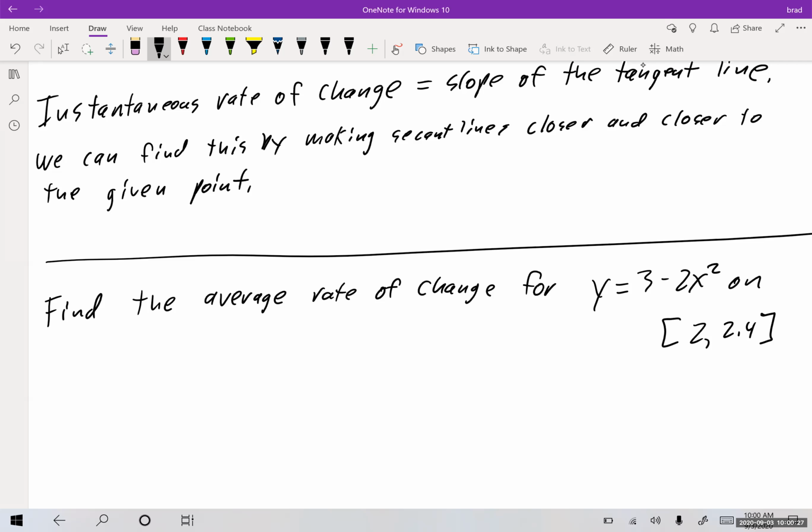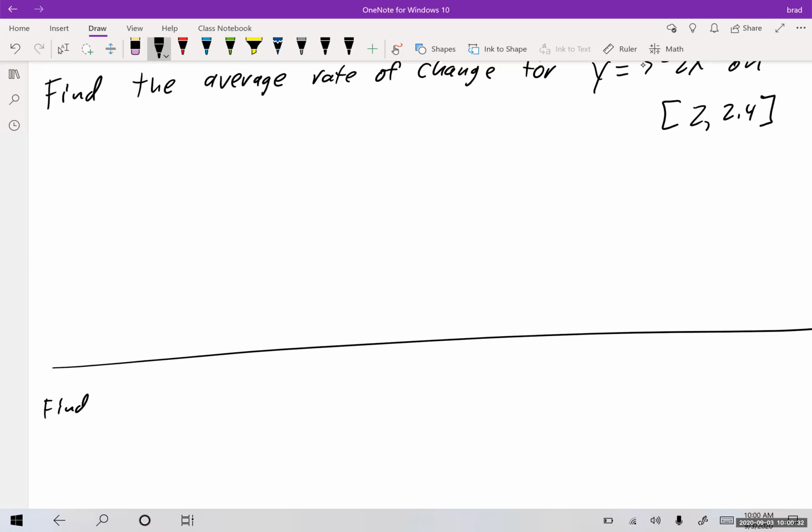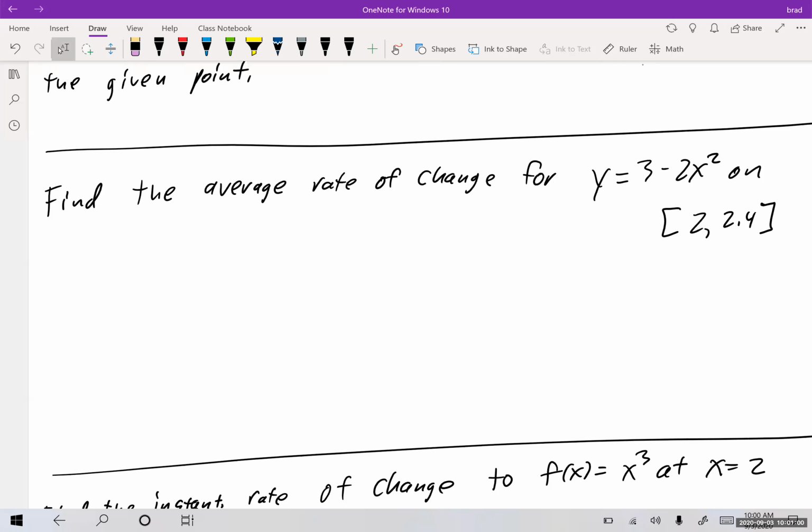And then follow that up with find the instantaneous rate of change for f of x equals x cubed at x equals 2. So pause the video and give these two a shot, and then when we come back, we'll work these out together.